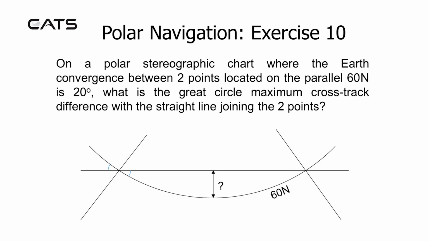Exercise 10. On a polar stereographic chart where the Earth convergence between 2 points located on the parallel 60 north is 20 degrees, what is the great circle maximum cross-track difference with the straight line joining the 2 points? There's a formula for this.